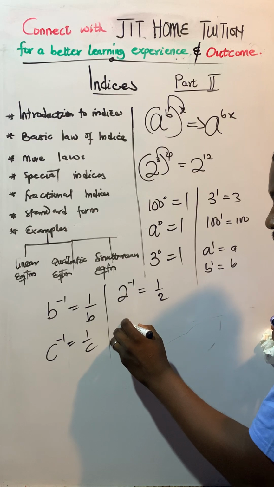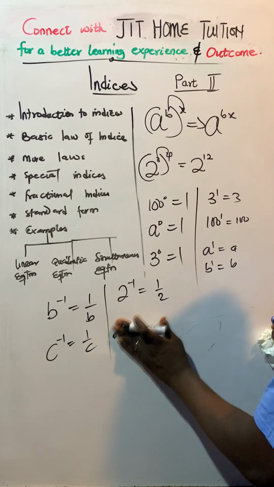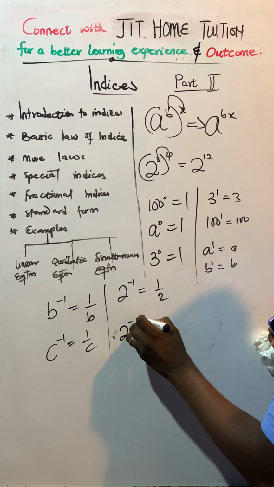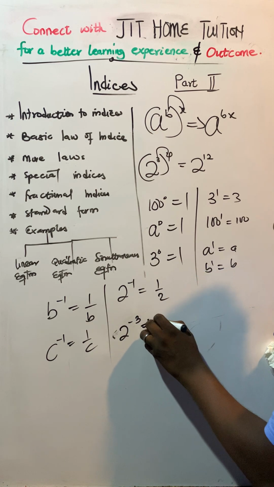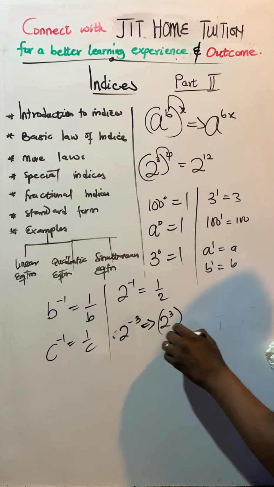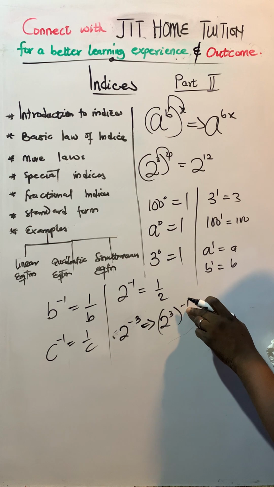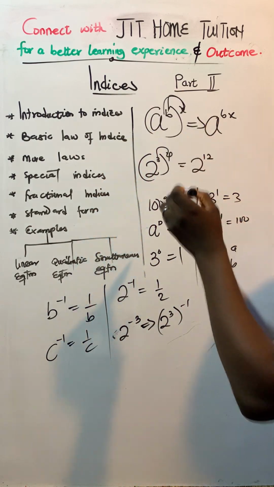If you have, let's say, 8, or let me make it 2 exponent -3. Now with what you have over here, you can rewrite it as 2 exponent 3 like this, then the negative power will be here. Now remember, what did we say? When you have something like this, the exponents multiply.